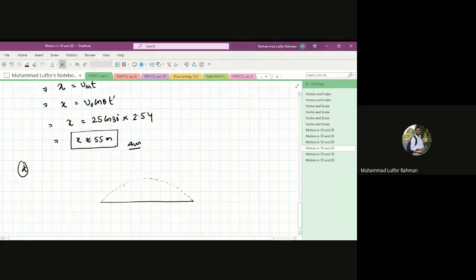So this would be that curve. If we say this is your x-axis and this is your y-axis, then this is the answer to question number D.